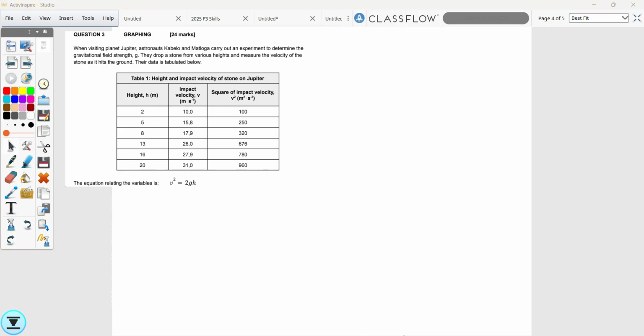So for this one, let's read. They say in the question, they drop a stone from various heights and measure the velocity. Whenever you see the word measure something, what variable is that? Dependent. Thank you. You always measure the dependent.